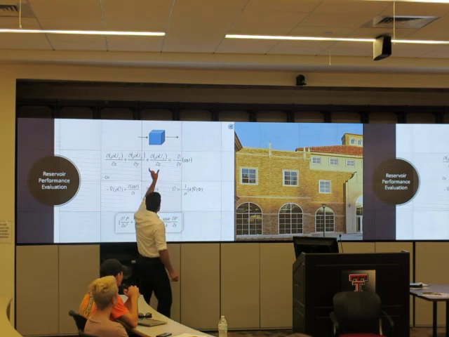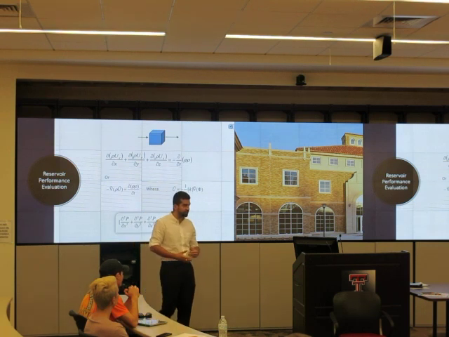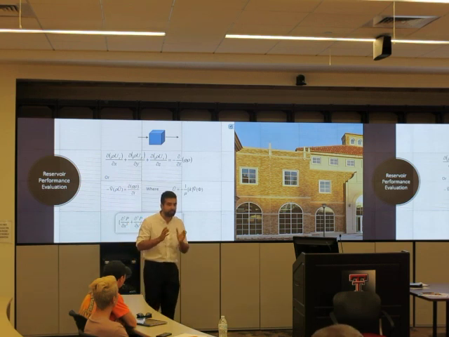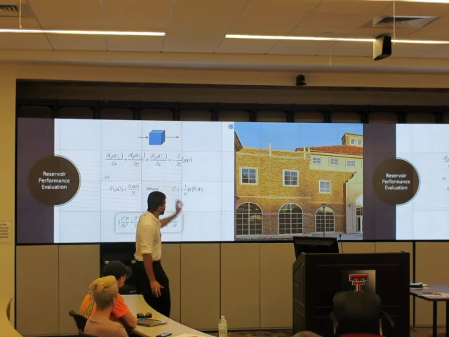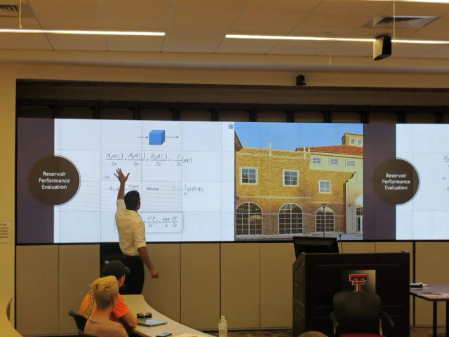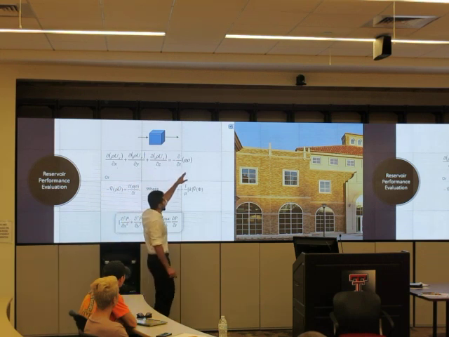So you have a closed cube of space. You can call it a part of the reservoir, and you can say whatever mass goes in goes out plus the accumulation of mass within this cube, and you can write it this way. So basically, it tells you, in all directions, whatever goes in goes out, and this is the accumulation term.